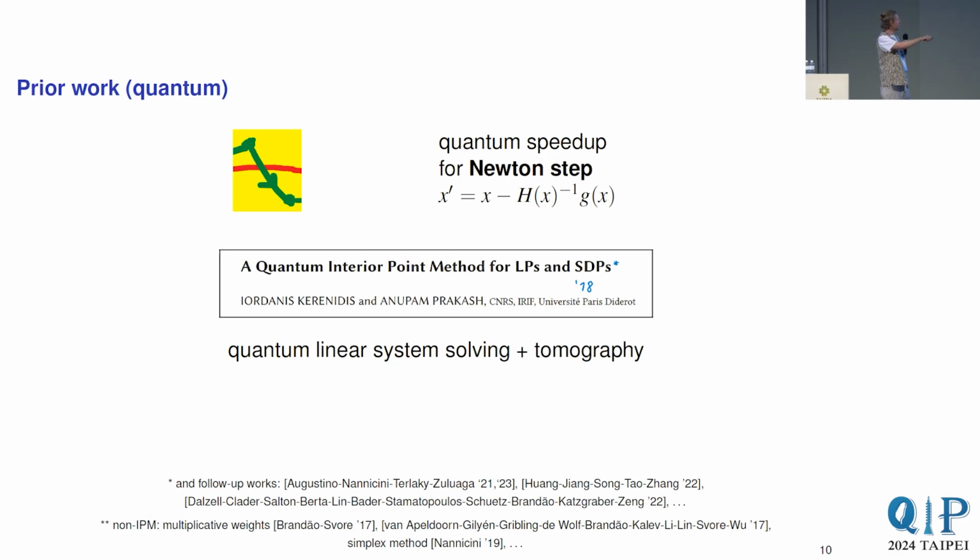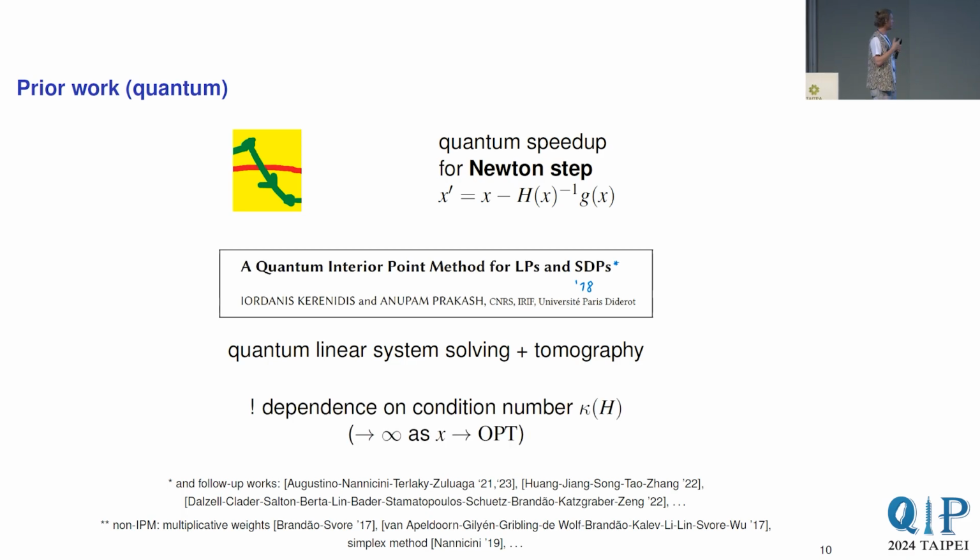There's a bunch of follow-ups, and just for completeness, I'll mention some non-interior point method papers for solving LPs that I won't go into. So this seems great, but of course, when you think about quantum linear system solving, the first thing that comes to mind is that there's this condition number popping up, right? We have to invert this Hessian here, but this is the Hessian of a function that becomes more and more skewed as we get closer to the barrier, right?